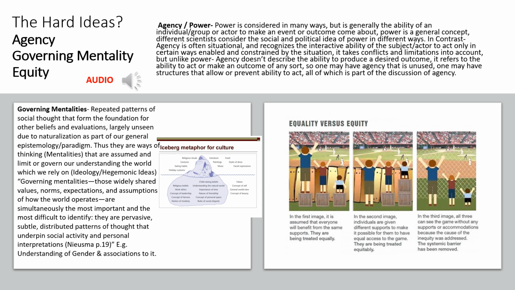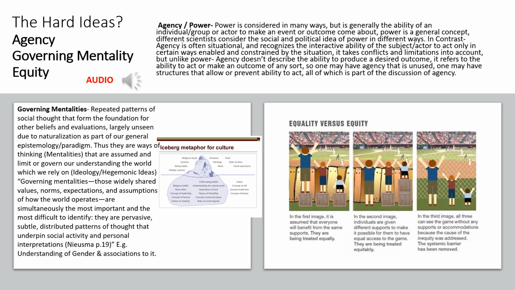And then the third idea that we want to get to is governing mentalities, which are the subject of feminist design, or what we'll talk about as critical design also. Governing mentalities are repeated patterns of social thought that form the foundation for other beliefs and evaluations, right?